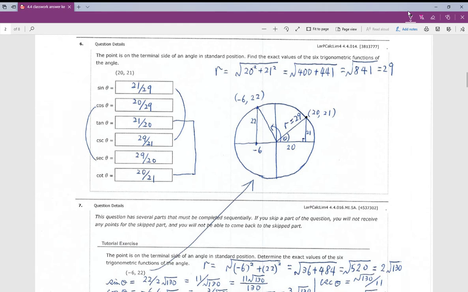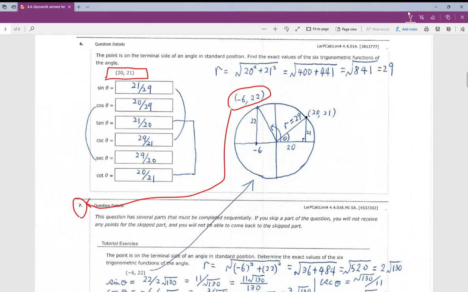Okay, so this information was for question 7. Right now we work on number 6.